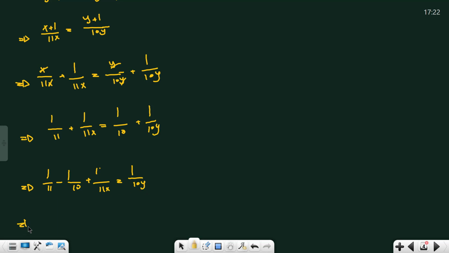Now if I equalize the denominators, this one multiplied by 10, this one by 11, so 10 minus 11 is going to be minus 1 over 110, because 10 multiplied by 11 is 110, plus 1 on 11x equals 1 on 10y.